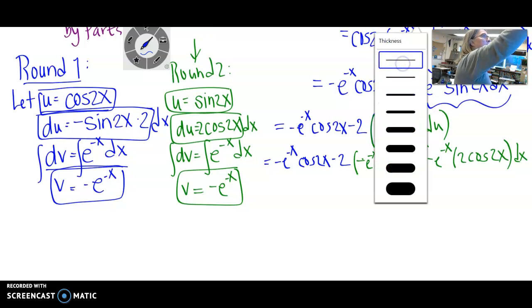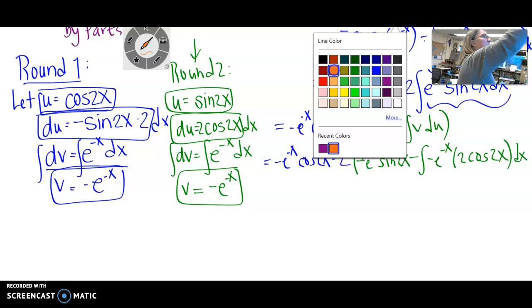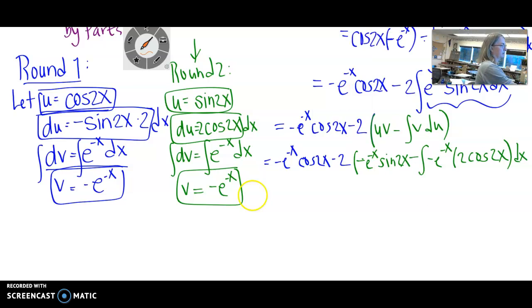I'm going to go totally new color with the simplifying here. We have negative e to the negative x cosine of 2x, and then distributing that -2, should have had a parenthesis there.